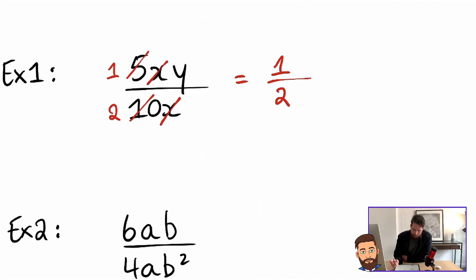So I'm just left with 1/2 y. The 5/10 goes to a half. The x's cancel, and the reason they cancel is due to the fact they go to x to the power 0, which is 1, but simply they just cancel. And then you've got a y on its own, so you've got a half y.